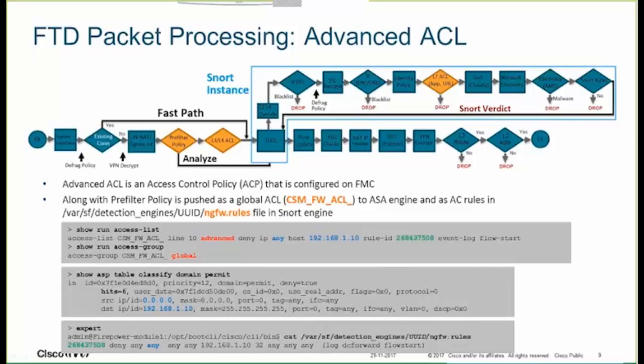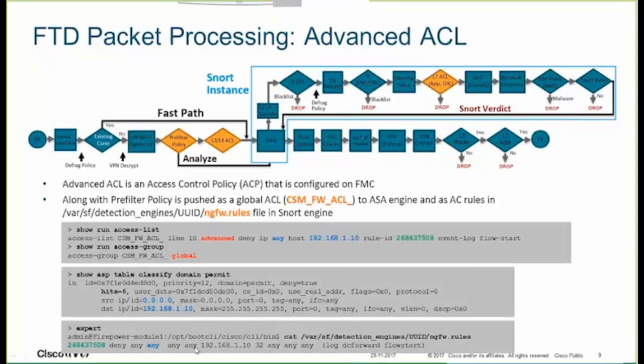If you open up this file, you would see the same entry here. The first one is the action, and then the next sections are for the interface. The first is any interface, and the next any is for the source IP, and here we specify the port.